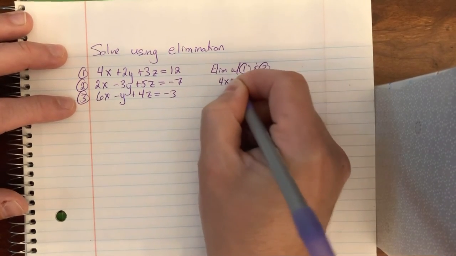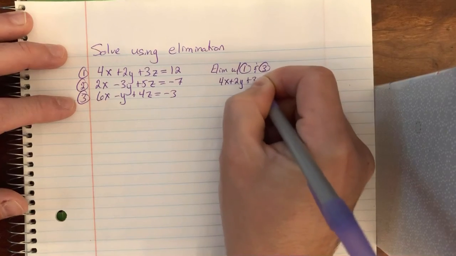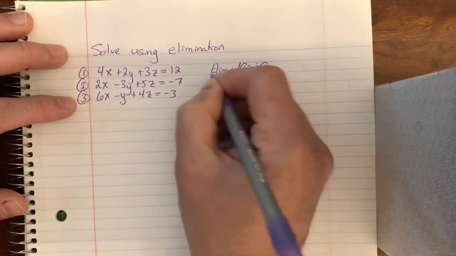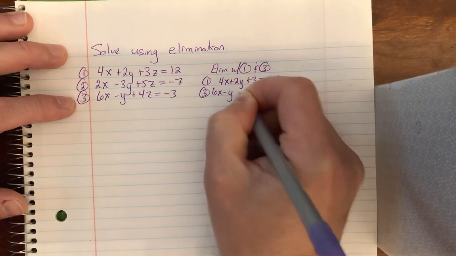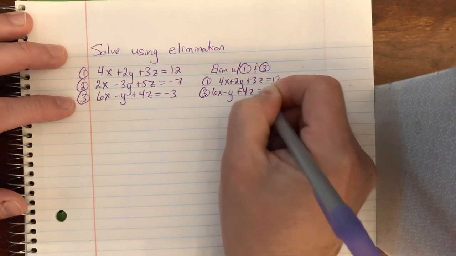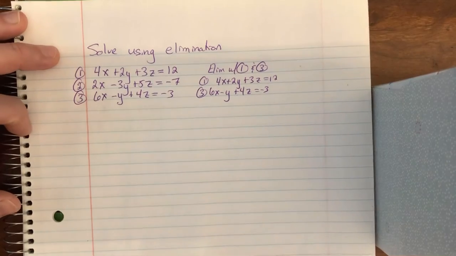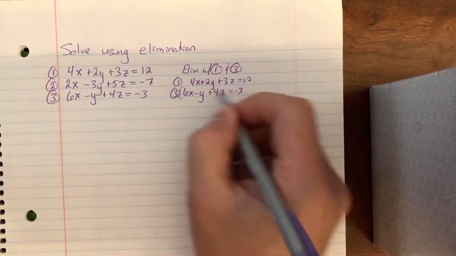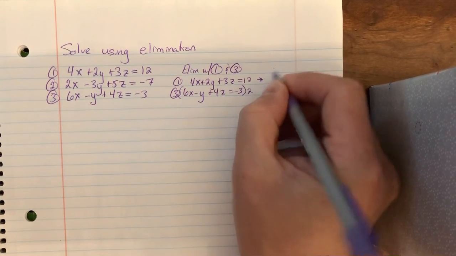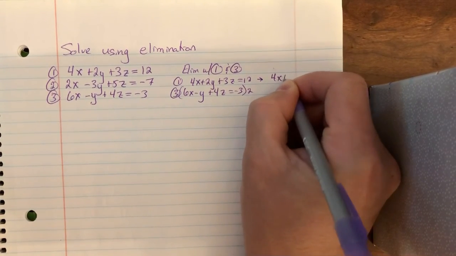So we have 4x plus 2y plus 3z equals 12, and 6x minus y plus 4z equals negative 3. I realize here that I can multiply the second equation by 2. So my first equation doesn't change.